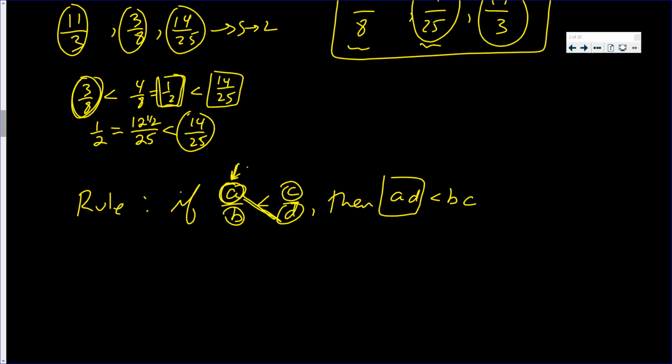That's the numerator, and it's on the left. Between these two numbers, C is the numerator, and it's on the right. That's one rule. But let me write it down so it can be read.